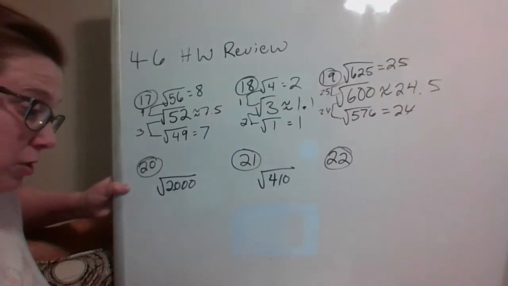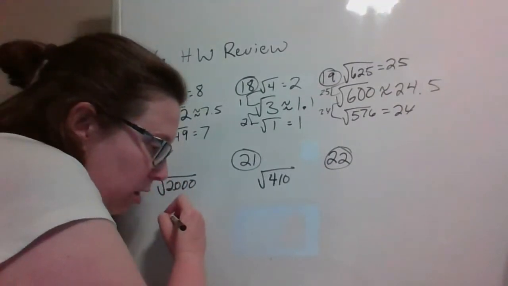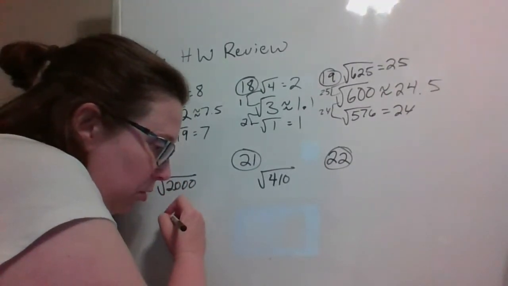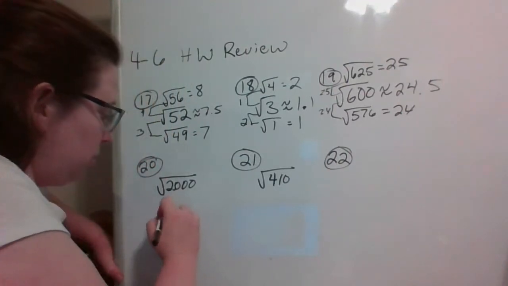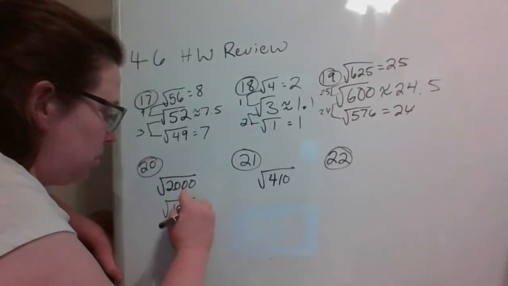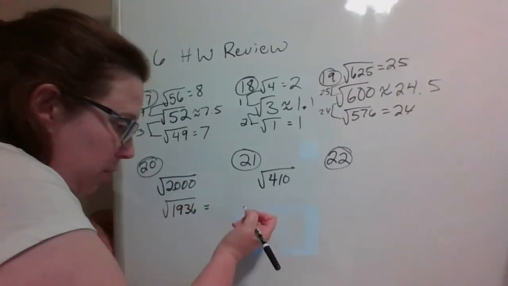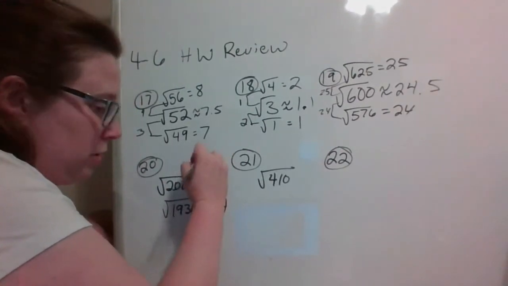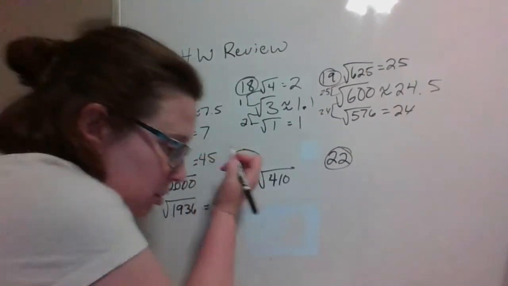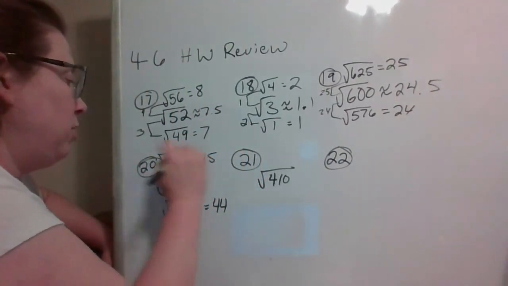Number 20 is the square root of 2000. So just below that is 1936, which is the perfect square for 44. So above is 45, which is 2025.